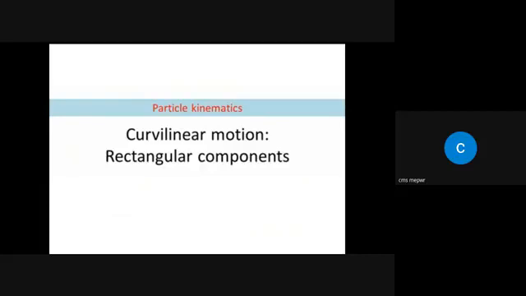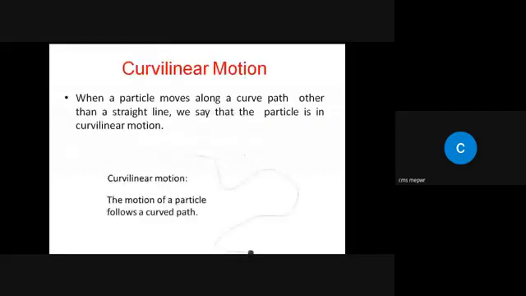We can have curvilinear motion, which means when the path of motion is along a curve, and we can have circular motion when the motion is along some circular path. So curvilinear motion is when a particle moves along a curved path other than a straight line.